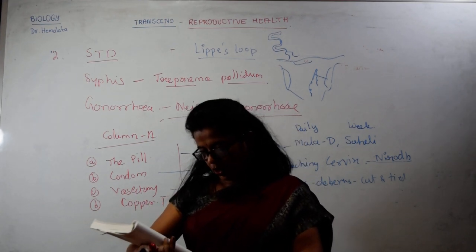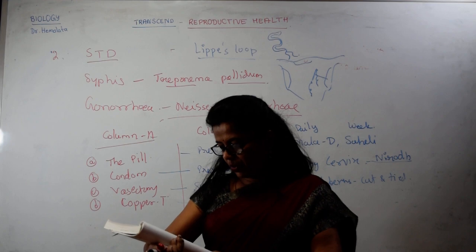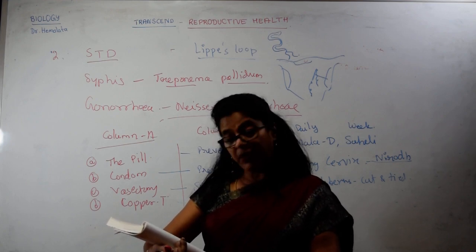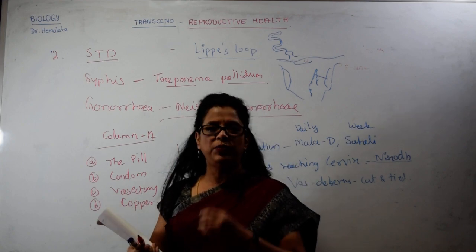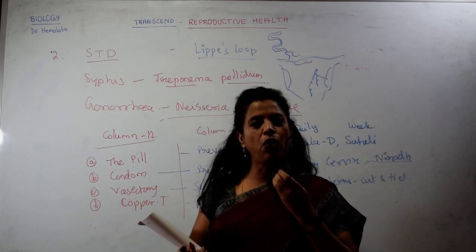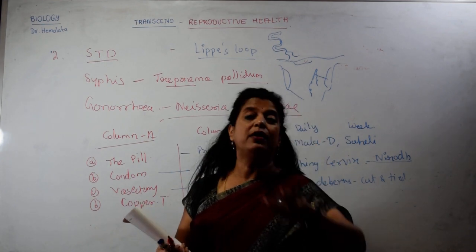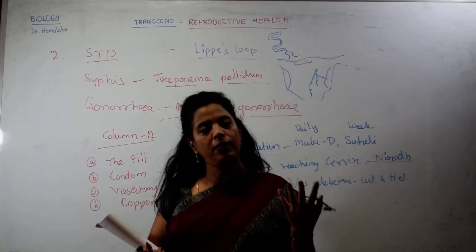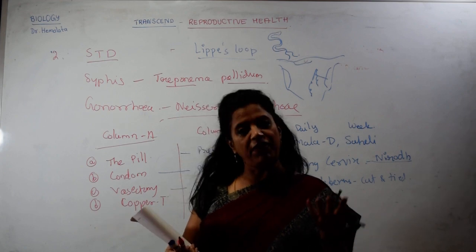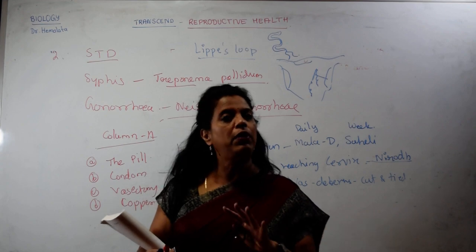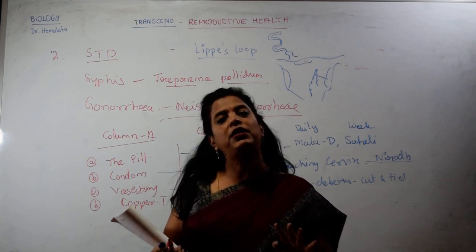Fourth statement says that contraception pills may be taken up to 1 week after coitus to prevent conception. See, so many wrong things are there. This is a wrong statement because after coitus, this cannot be taken. After coitus, she might already have got fertilized. Then whatever she takes, any type of pill will not work once the fertilization happens.